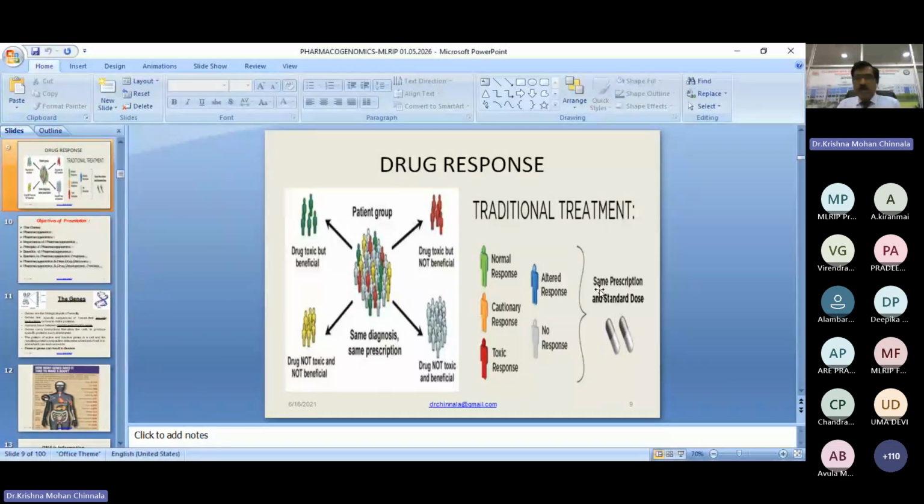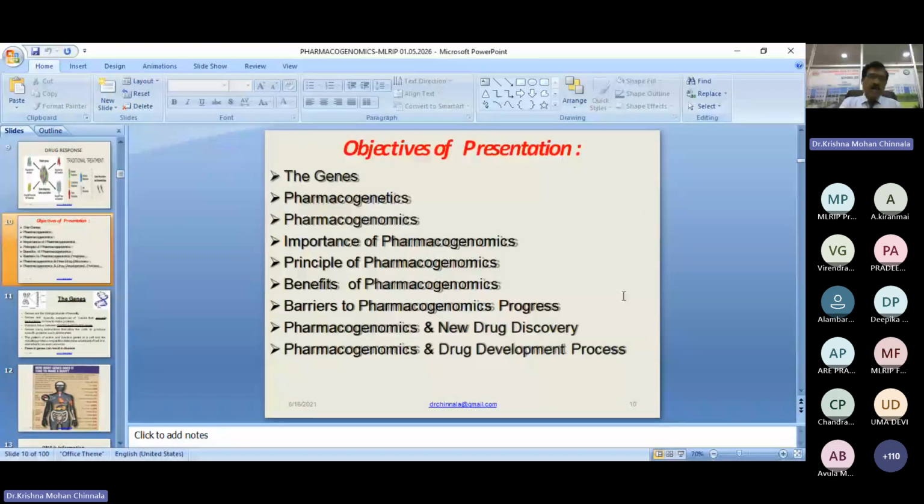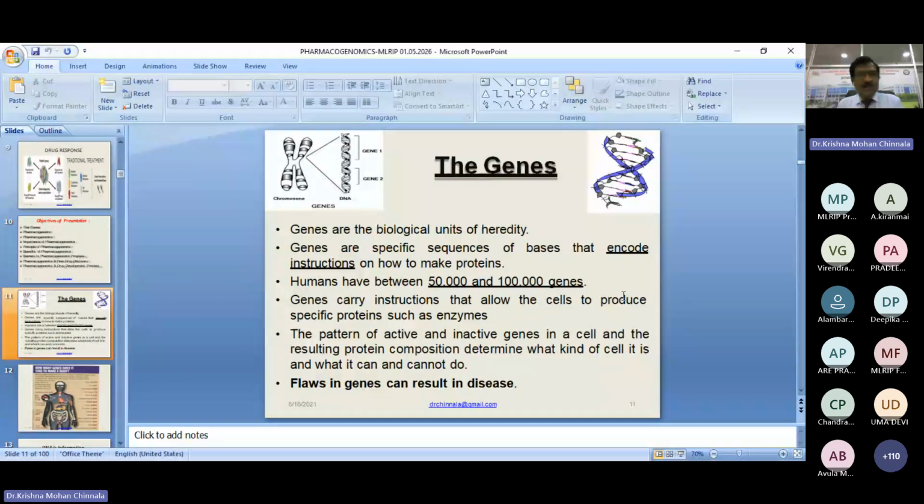But the prescription is the same, with the therapeutic standard dose only. It is not increased dose or decreased dose, but different variations of effects we are seeing. Why is it happening? Just because of the genes, right? So what are genes? Genes are the biological units of heredity.